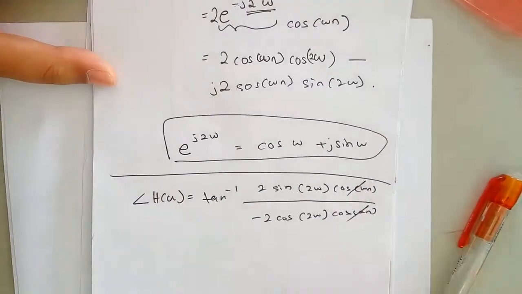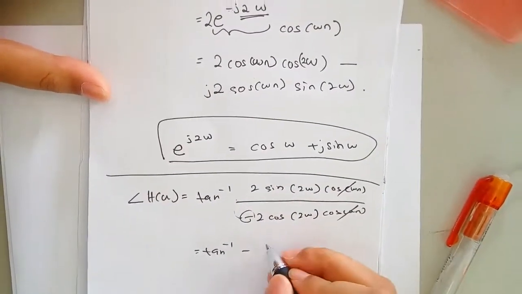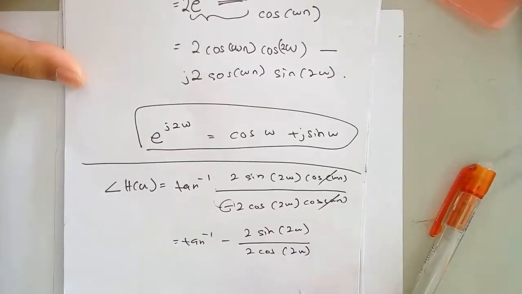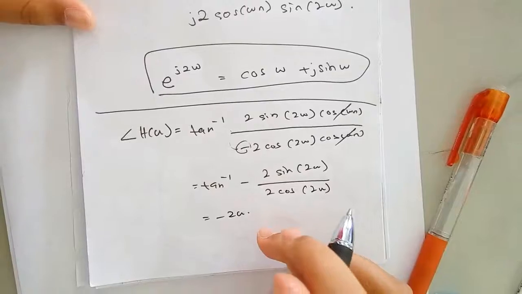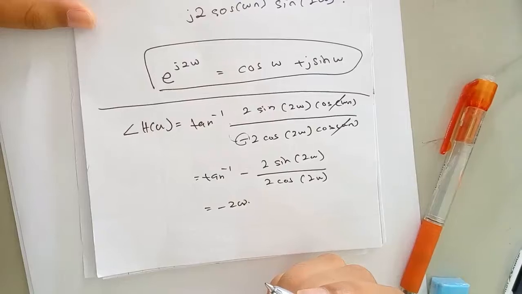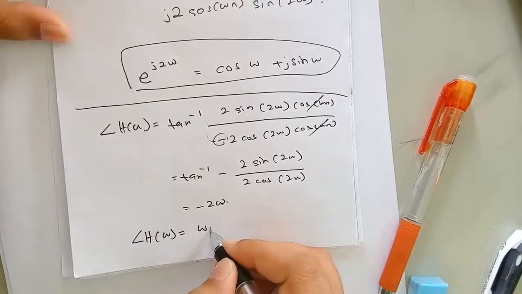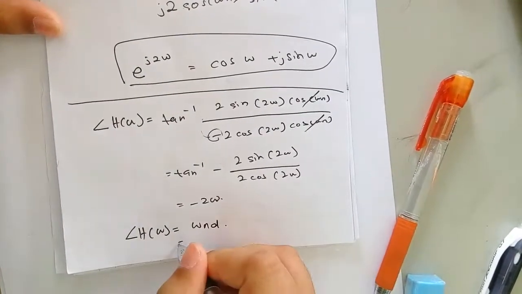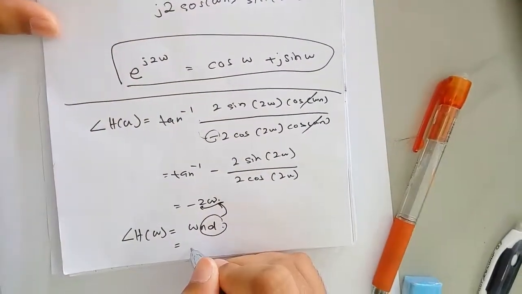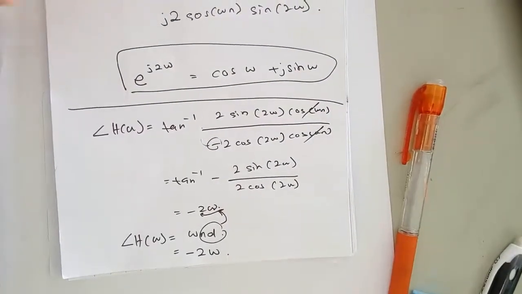You just cancel that out, and you get the tangent inverse of negative 2 sine 2 omega over 2 cos 2 omega, which equals negative 2 omega. From the earlier characteristics of linear phase, the angle of H omega equals negative omega n_d, which is true because our n_d is equal to 2. Therefore, this is a linear phase system.